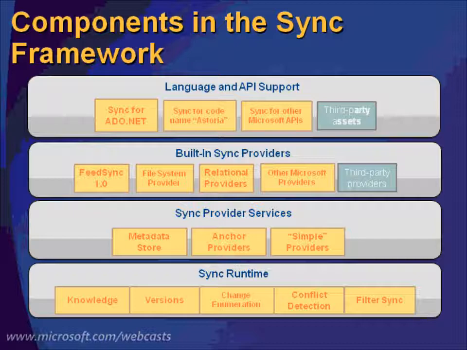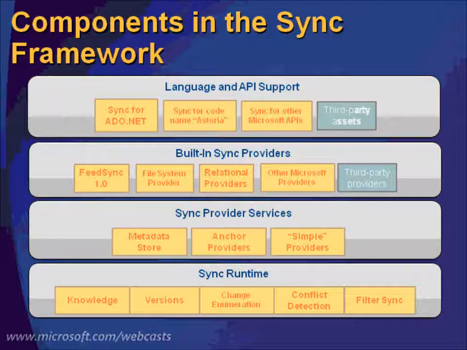For example, if you're using an existing data store, we have these anchor providers. With these anchor provider services, some of the work is already in place, and we leverage the capabilities of your data store and add more functionality above that to give that endpoint an appropriate provider. Then we also have simple providers for if you don't have any architecture in place.